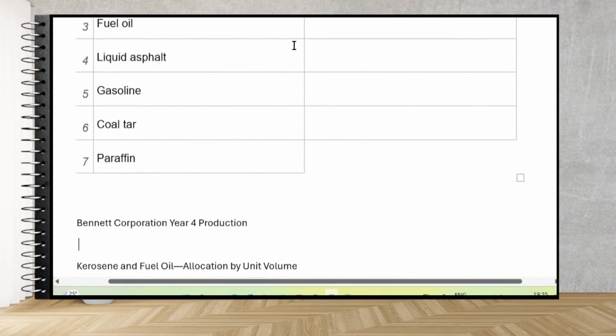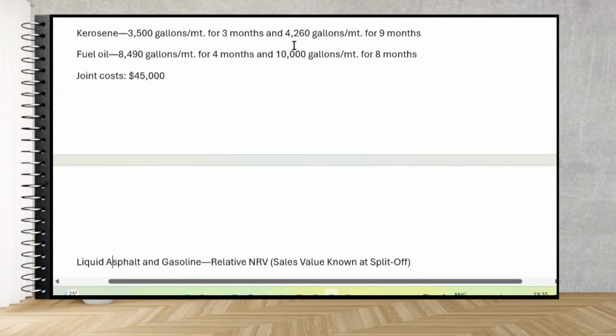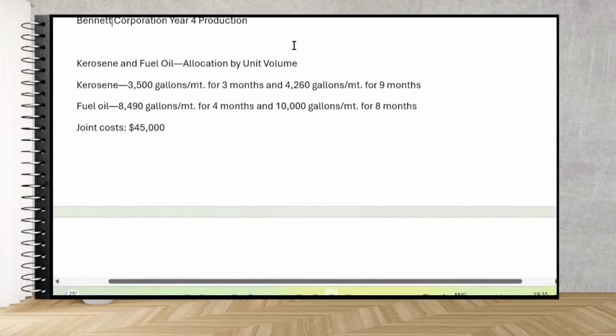The first allocation is unit volume. Whatever the units we are going to produce, on that basis we need to allocate the joint cost. So we are producing 3,500 for 3 months and 8,490 for 4 months.